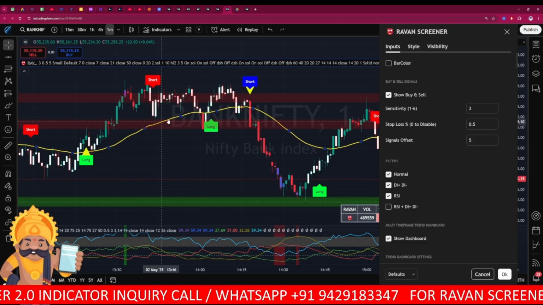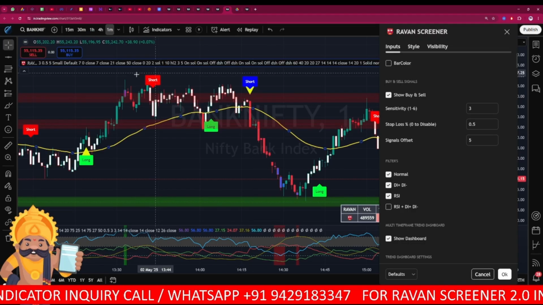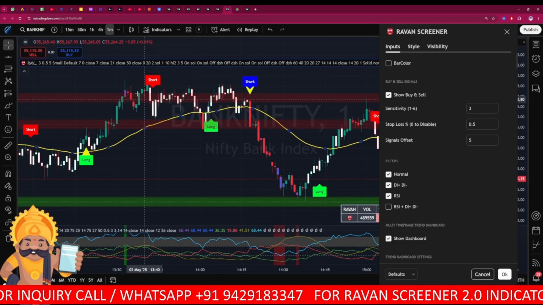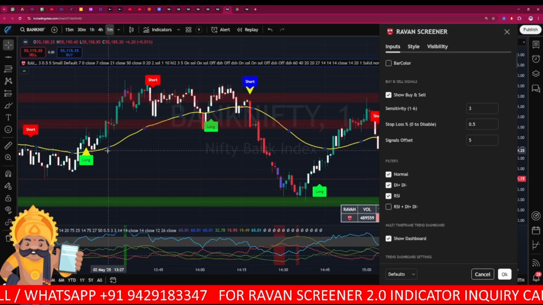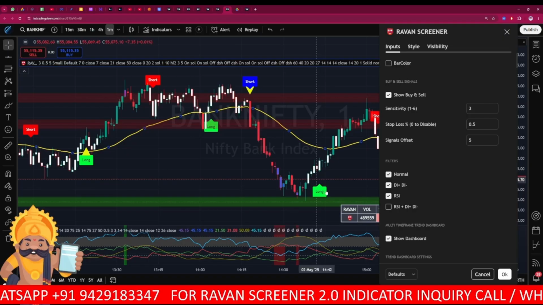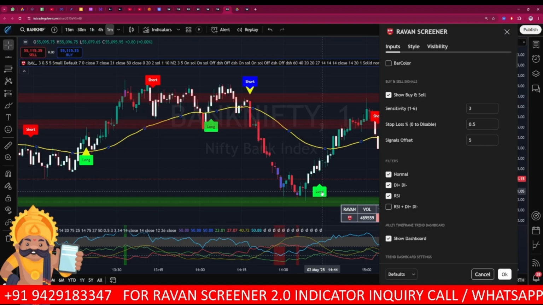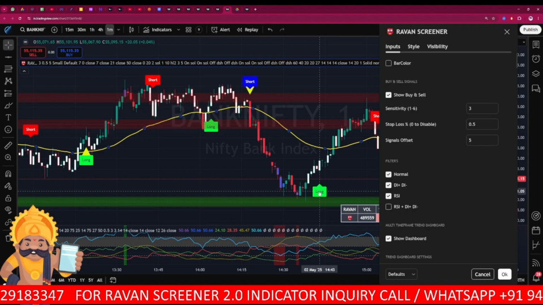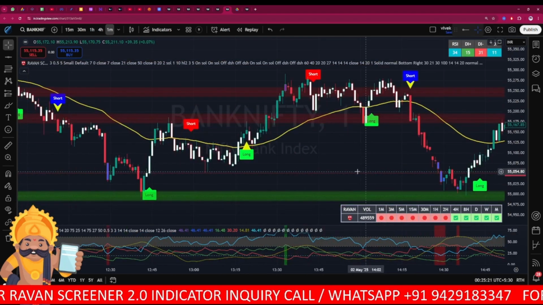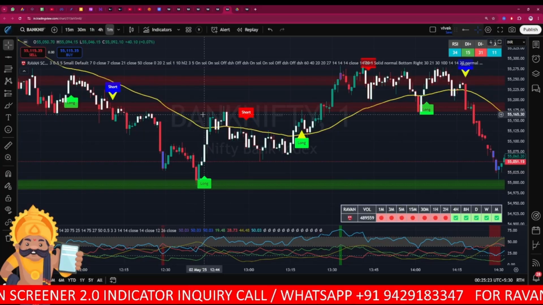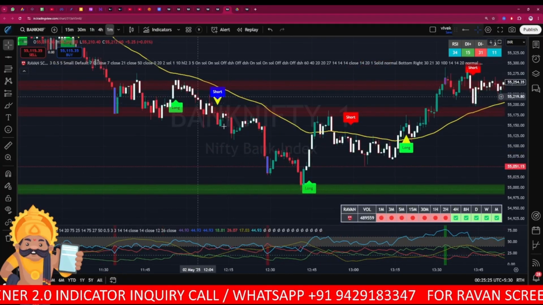Always ignore the sell or short signals which are above the 50 EMA, and always ignore buy signals which are below the 50 EMA. If you want to enter, it's a risky trade, but then book your profit till the 50 EMA. You can see the market always works accordingly.